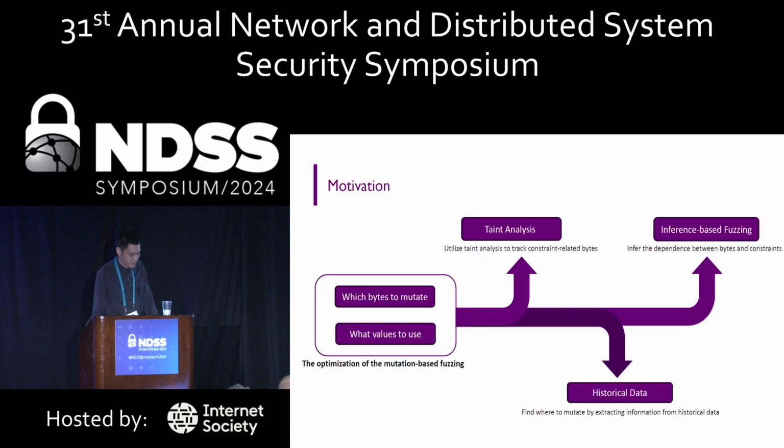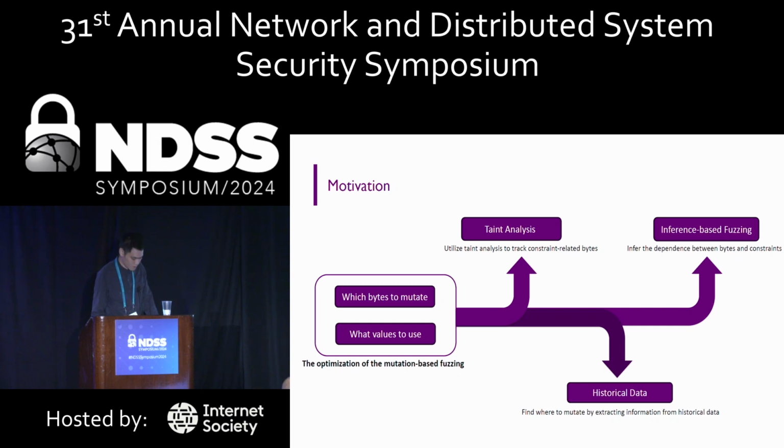When mutating an input, there are two main decisions to make. The first is which bytes to change, and the second is what value to use. To decide which bytes to modify, existing methods often analyze the input to identify the bytes and their relationship to the conditions, like comparison operands. There are three approaches.